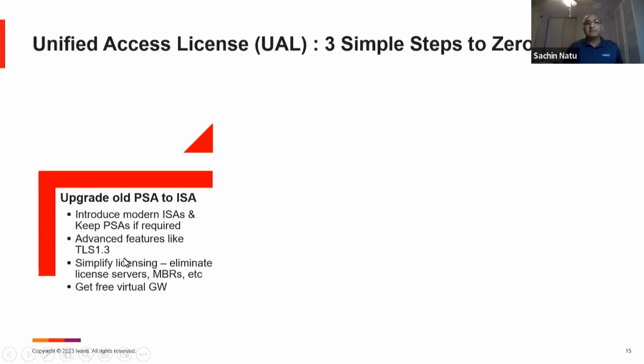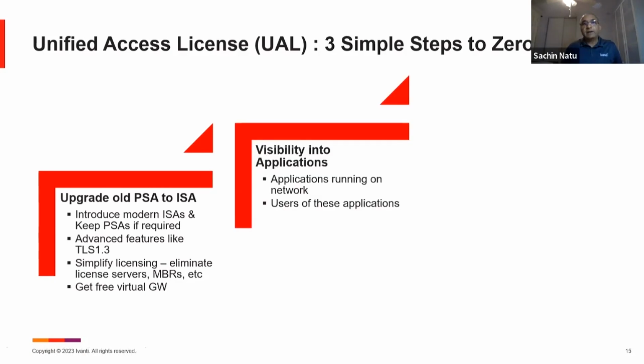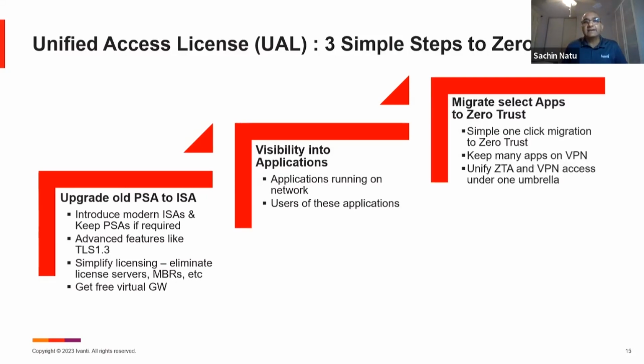The licensing is very simple, you don't need to worry about complicated license servers. Then you get visibility into all your VPN applications to start with, and when you feel ready, you can easily migrate to zero trust at your own pace.